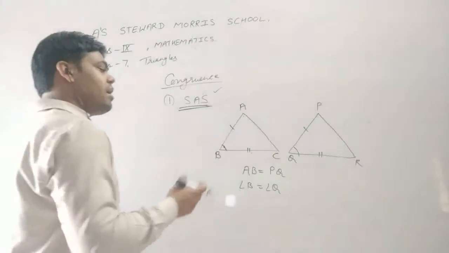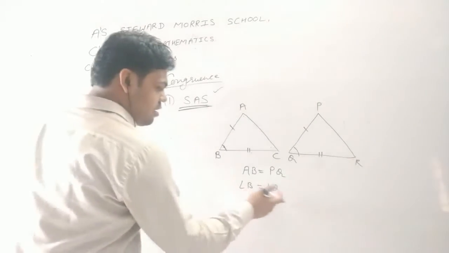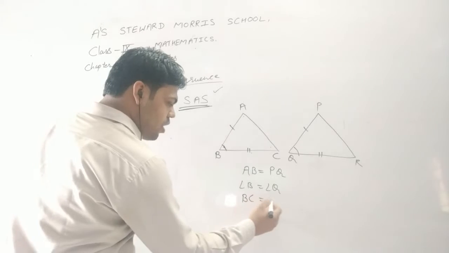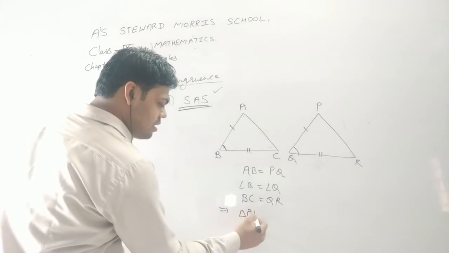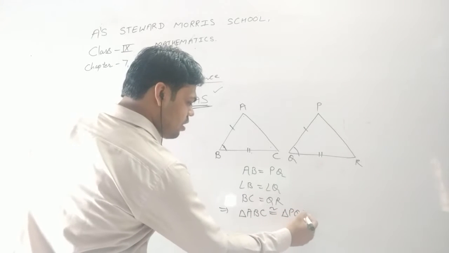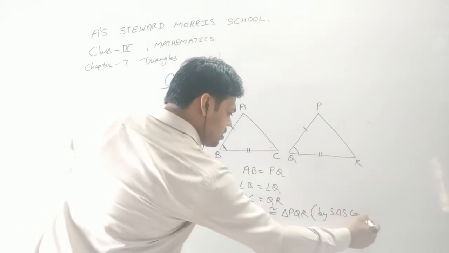By any of these concepts, we can find whether they are equal or not. Here, angle B equals angle Q. Now the next part, BC and QR are equal. So, we can write triangle ABC is congruent to triangle PQR by SAS congruency rule.